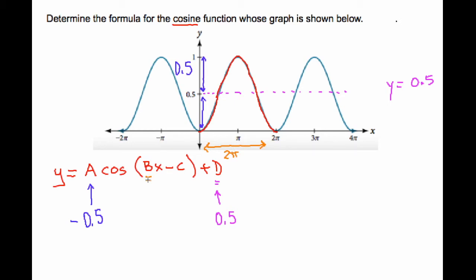So that means I haven't done any type of horizontal compression or stretch. And since my graph has not been shifted left or right, c is 0. Well, I have my information for my cosine function: y is equal to negative 0.5 times the cosine of x, plus 0.5.